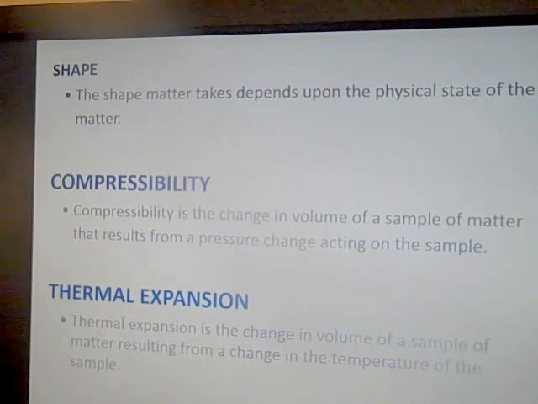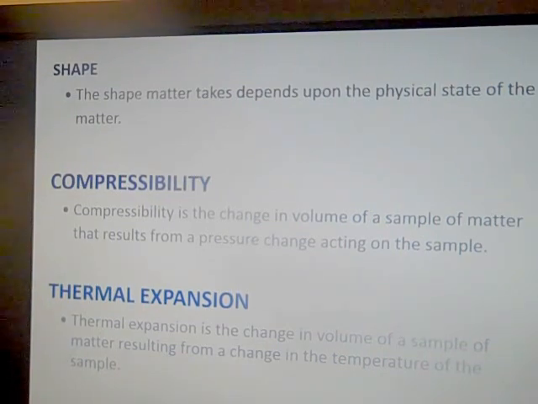Basically, what we see is large changes in the volume as a result of changes in pressure. So that's one reason why we focus on the gas phase rather than the other two phases, which are condensed. And thermal expansion is the change in the volume of a sample of matter that results from a change in the temperature of the sample.